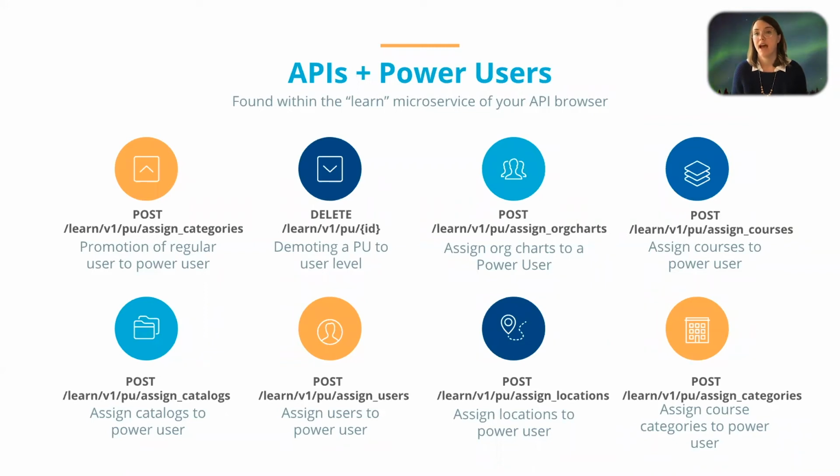So if you want them to have the permissions of the courses in all of the visible catalogs, that's the way you would do that. Assigning individual users as well. Locations, if you guys are using classroom courses or have a heavy IoT use case. And then finally, categories, which would probably be more applicable to someone like an instructional designer, course editor, or analyst who needs to actually have permissions or be able to view and create categories, right?